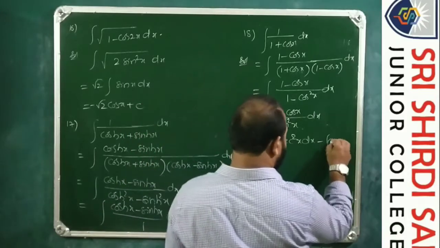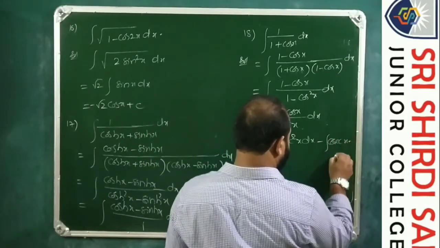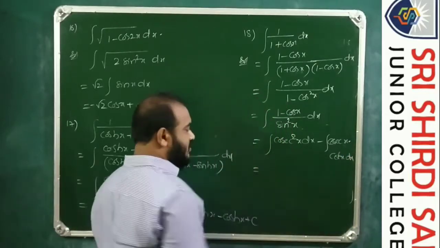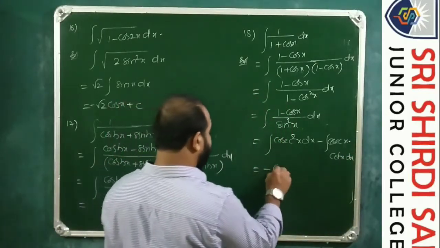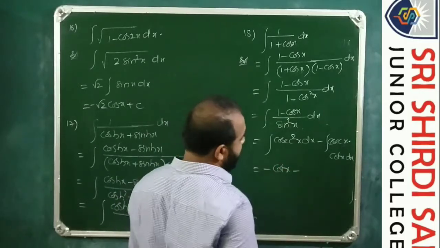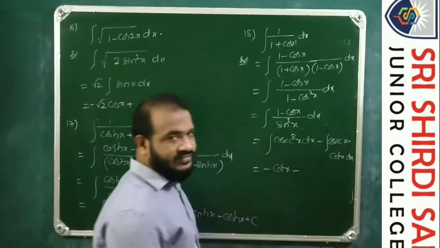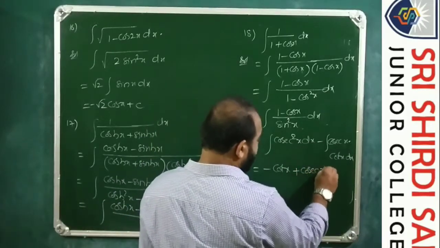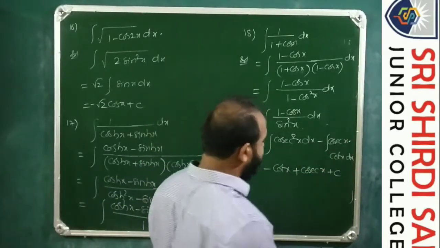So cosecant x into cot x dx. Integral cosecant square x dx is minus cot x minus integral cosecant x into cot x is minus cosecant x. Minus of minus is plus cosecant x plus constant of integration c.